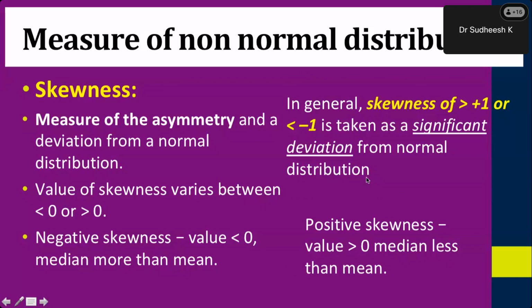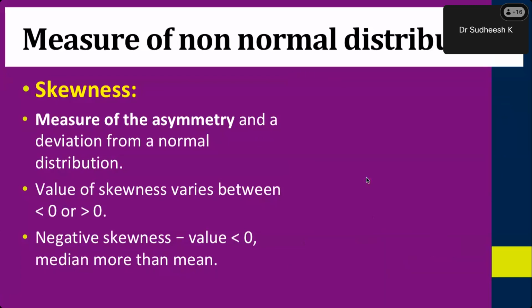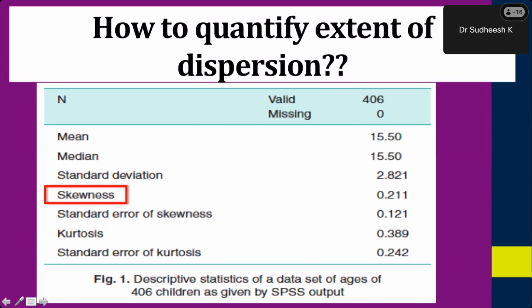Now, where do you get this value of skewness? If I go through the previous slide, this is just picked up from the SPSS software. When you put all the values in SPSS software, it will give all these values. It gives mean, median, standard deviation, skewness, kurtosis, all these things.